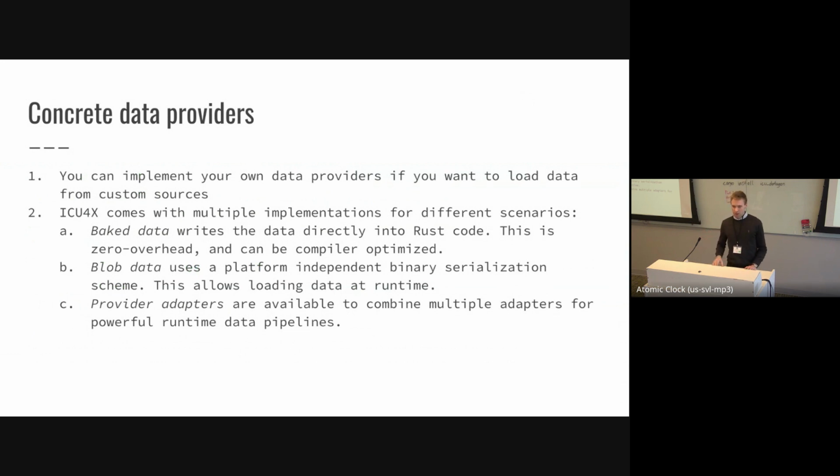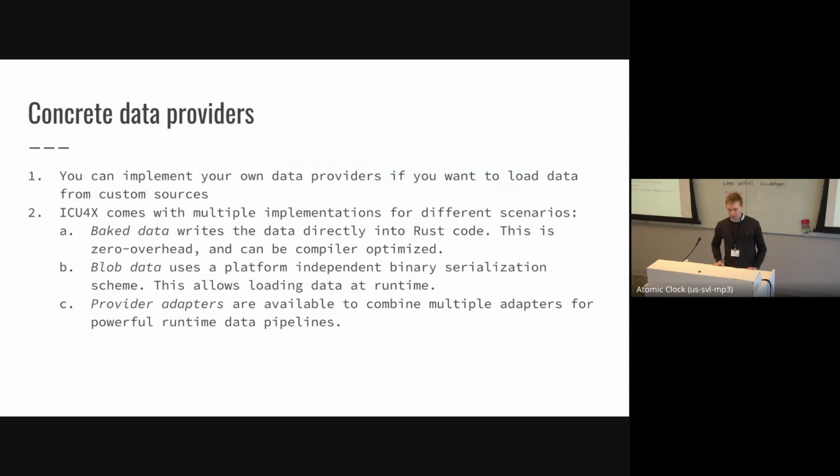And the objects that are constructed there are completely allocation free, ready to use by the logic. And the cool thing about Rust code is that the compiler can optimize it, right? So if data is not used, then it's thrown away. If we have duplicate data or even duplicate strings, they will only be put into the read-only part of your binary once. All kinds of stuff is happening there.